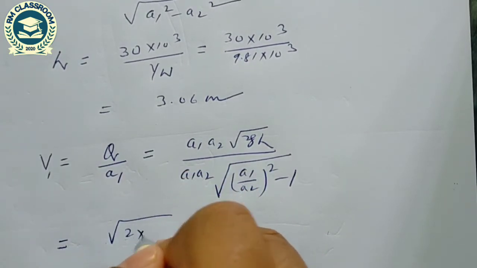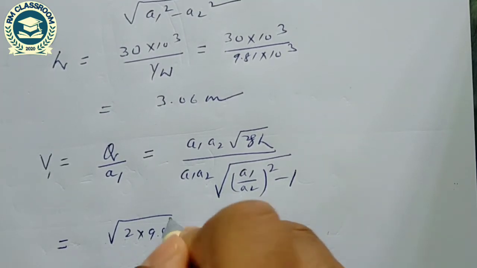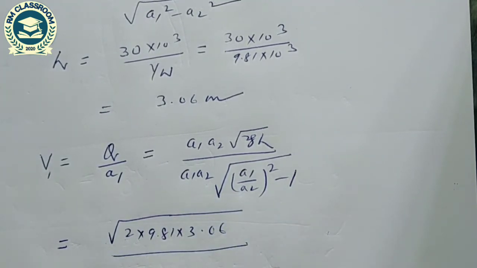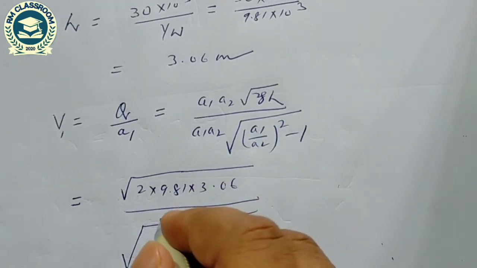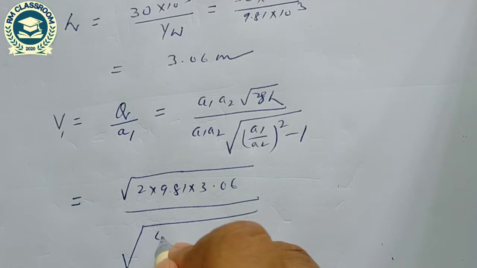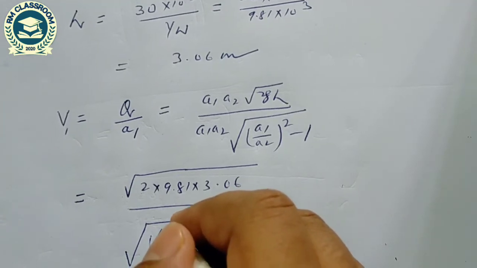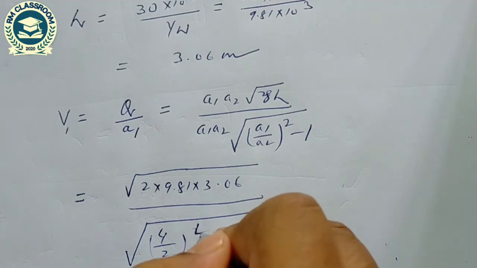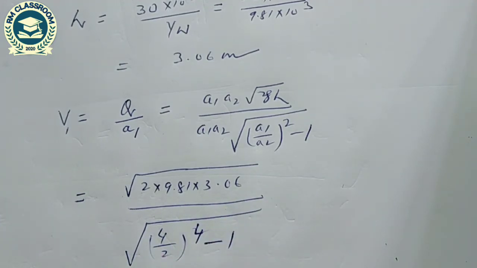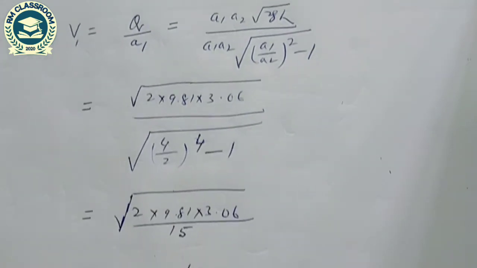So square root of 2 into 9.81 into 3.06 divided by square root of, since diameter is given, pi by 4 cancels, (4 by 2) whole square minus 1. So it is square root of 2 into 9.81 into 3.06 divided by square root of 15. So it is 2 meter per second is the velocity.